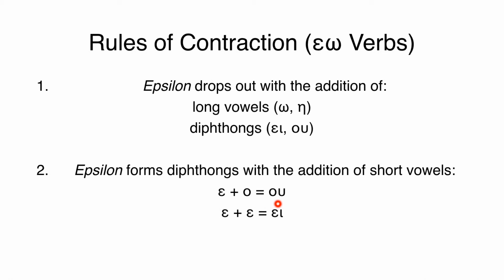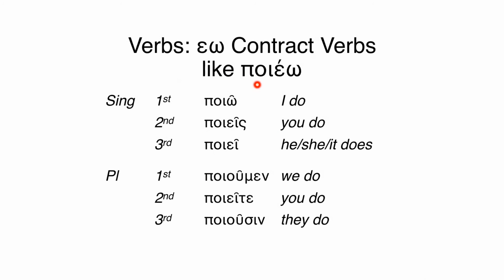Right, so the epsilon at the end of the stem combines with the omicron, which is in the verb ending, to create this diphthong. Also, epsilon plus epsilon becomes this diphthong here. So if that's unclear, then refer again to the chart that we just saw, and you can work through these and see how these rules of contraction are at work.